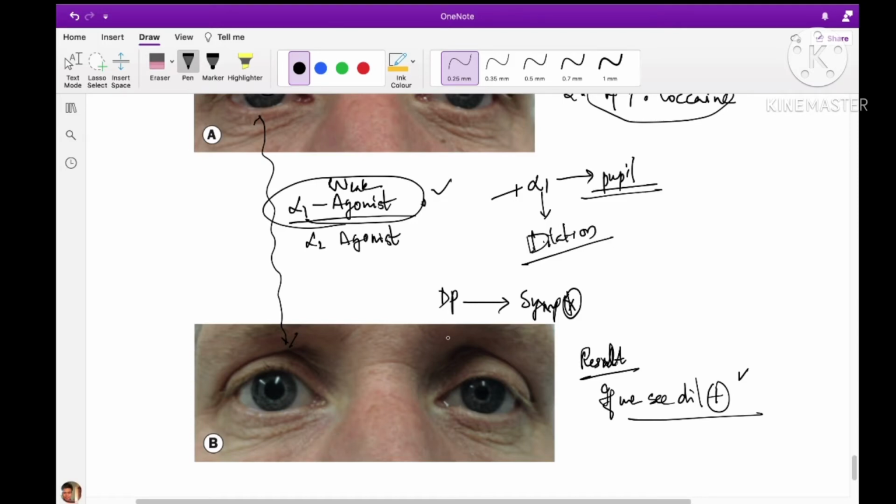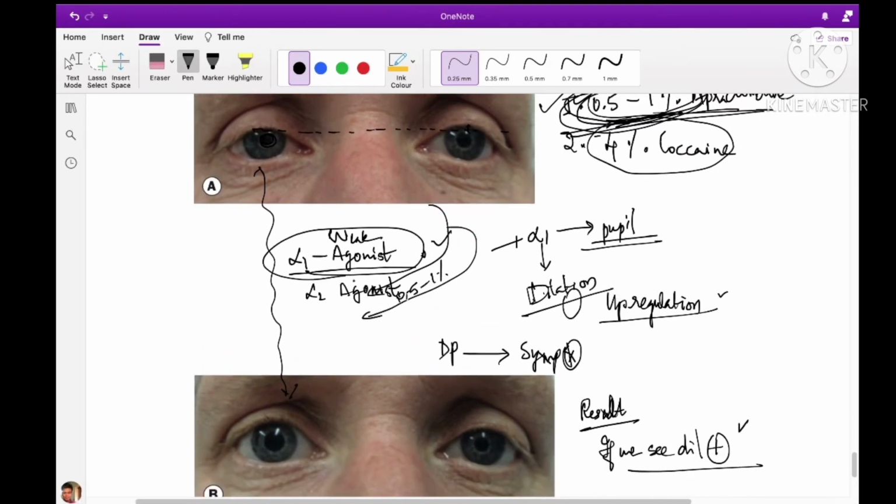How will you distinguish the different levels? We'll see next. So the pathway is cut off, and there is upregulation of the receptors. As there is upregulation of these receptors, this weak and low concentration, 0.5 to 1 percent, is enough for the action of the muscle. That is why we see this result, and we can confirm Horner syndrome.